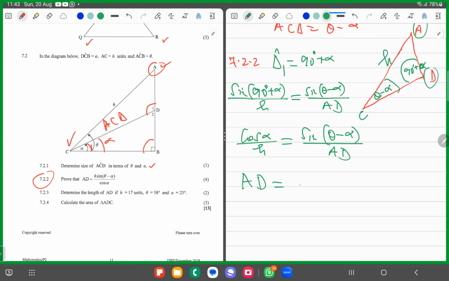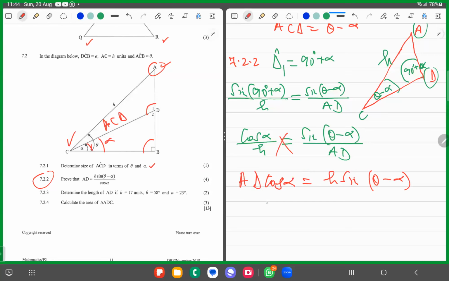So what is AD? AD now can be obtained out of this. So you can cross multiply out of this. Let's just cross multiply to practice together. If you cross multiply, AD cosine alpha is equal to H, the sine of theta minus alpha.